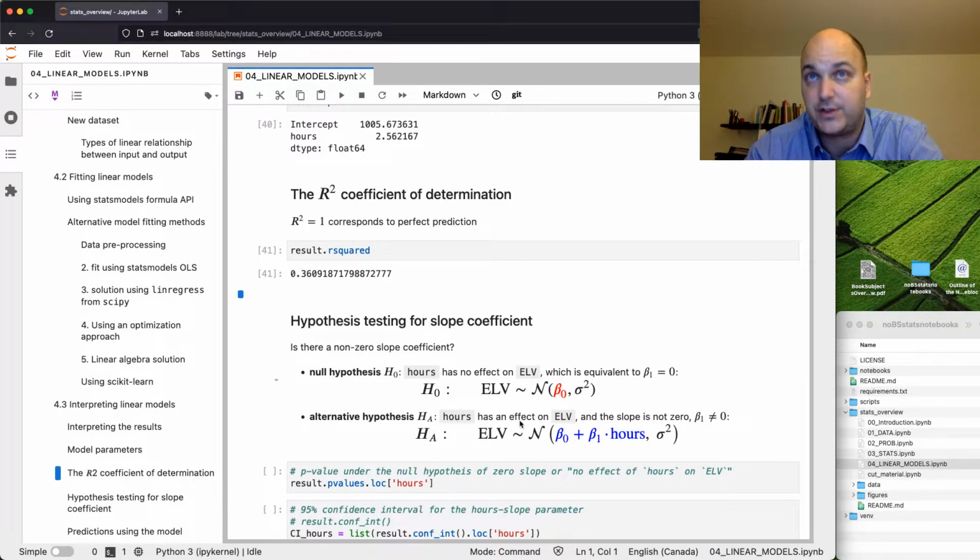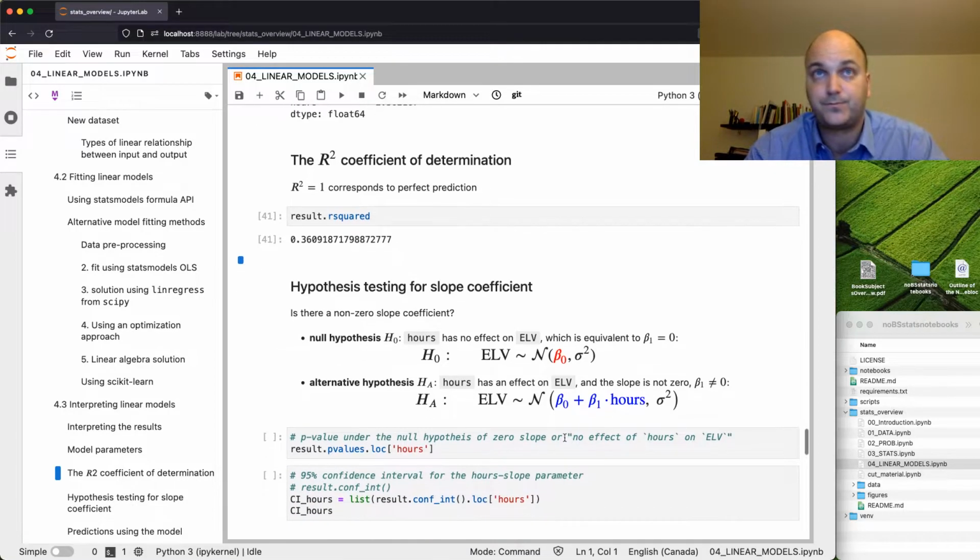Or the alternative, which is what we have, is that there is a slope here, and the coefficient is non-zero. So is there a relation between the number of hours of statistical training and improved employee lifetime value? That's how we're going to measure it, by asking, is the slope 0 or non-zero?